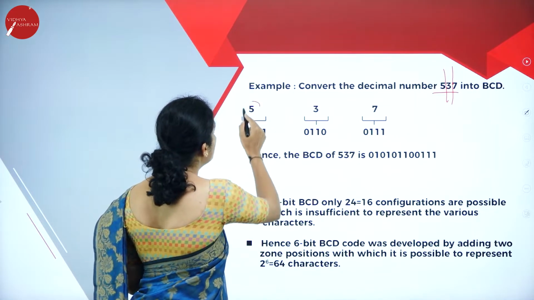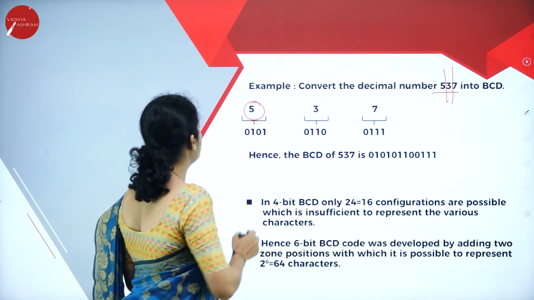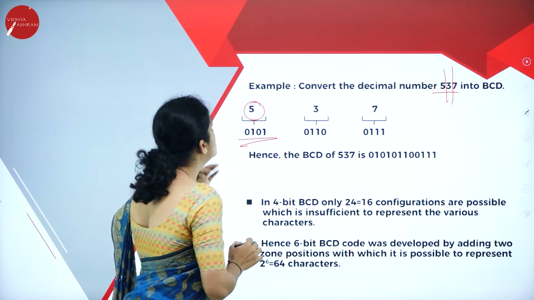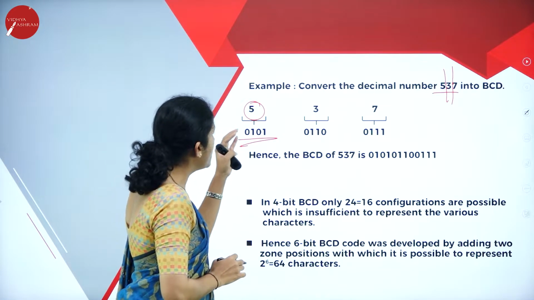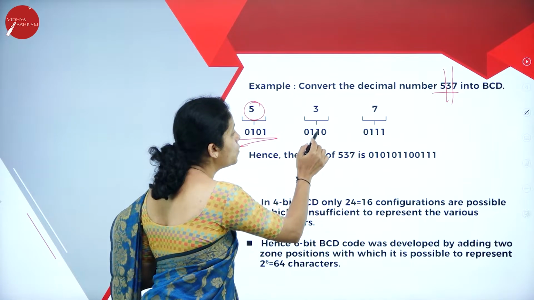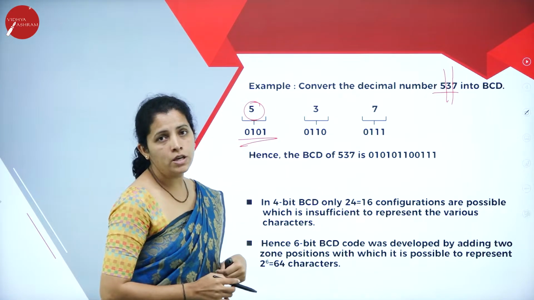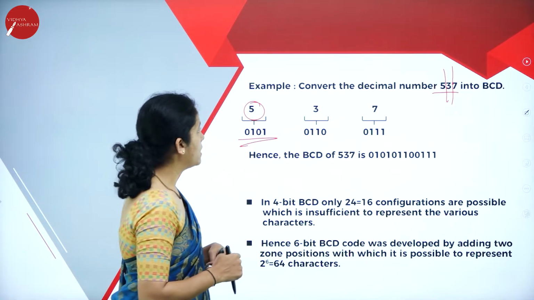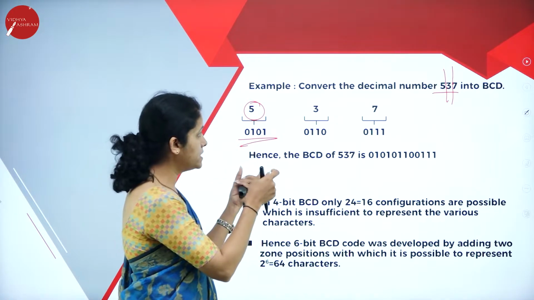So first I'll consider 5 and I'm going to write the BCD representation, that is 0, 1, 0, 1. That's nothing but 5. And for 3, it is once again 0, 0, 1, 1. And if I consider 7, it is 0, 1, 1, 1. And this is the binary coded decimal representation.